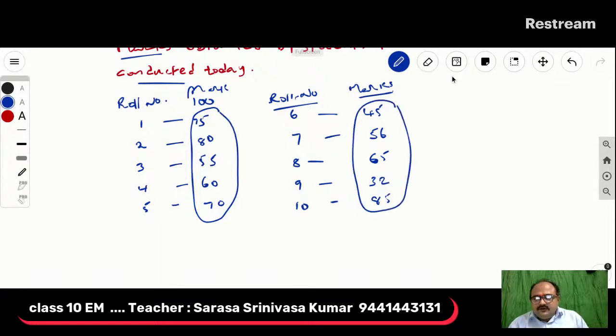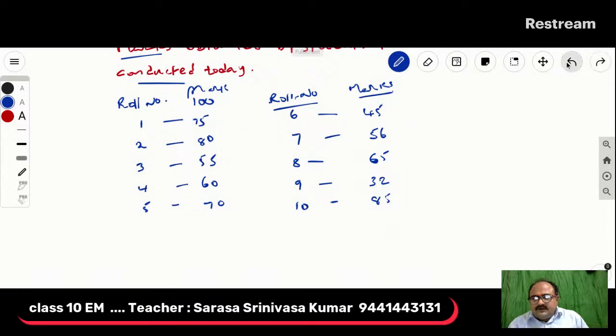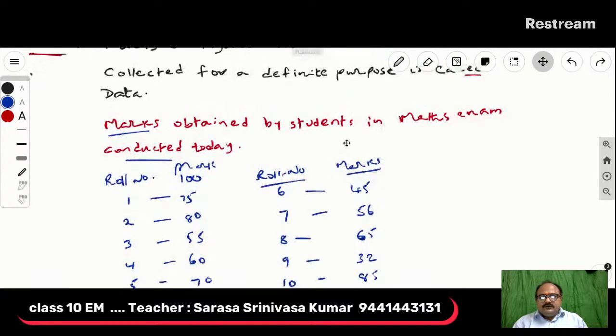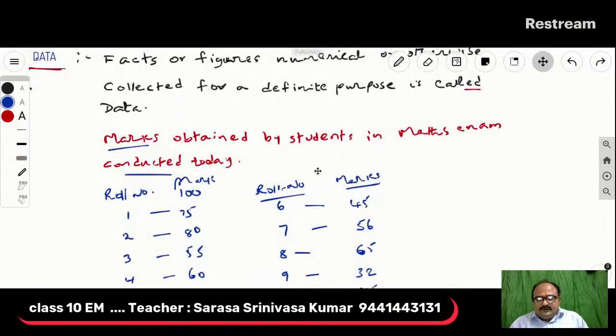This numerical information is collected by the teacher to assess the performance of the students in the mathematics examination of class 9.